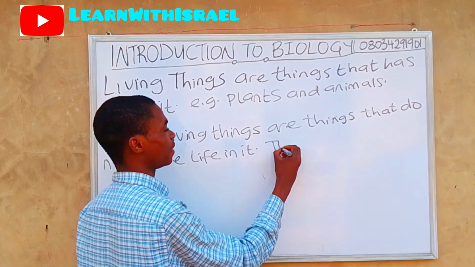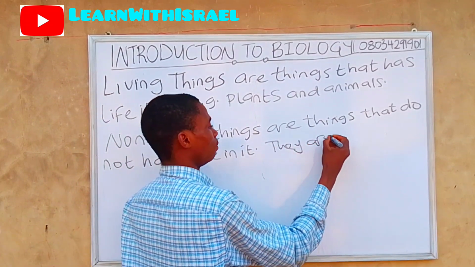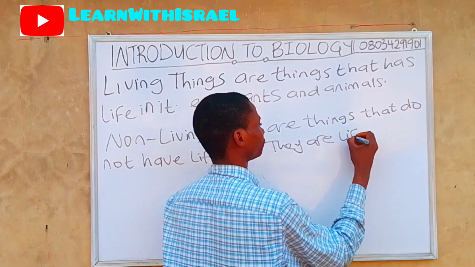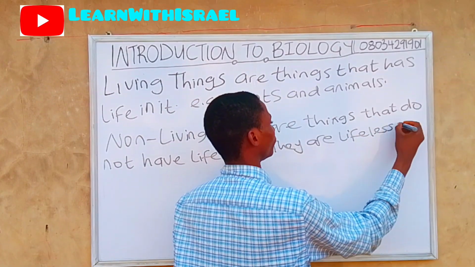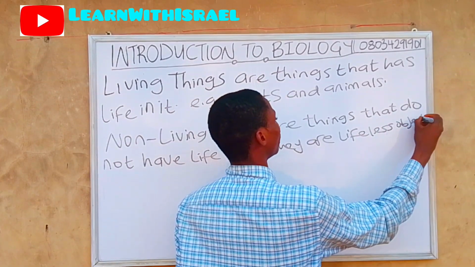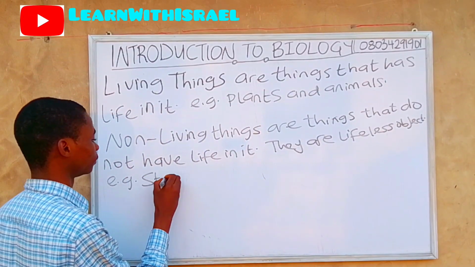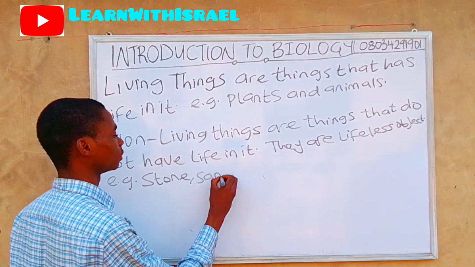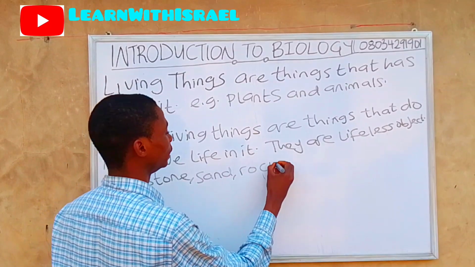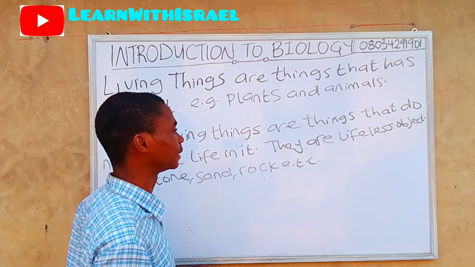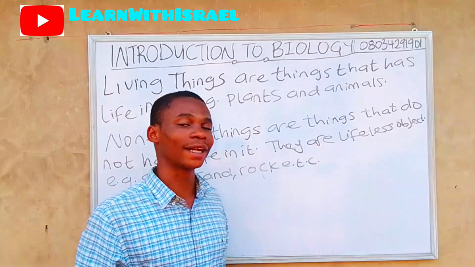So they are lifeless objects. For example, we have stone, sand, rock, etc. So these are living things and non-living things. I hope we are clear with that now.